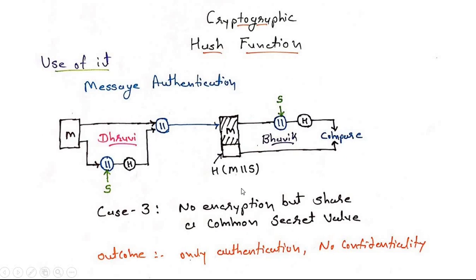So what happens? We are not making any type of encryption on the secret value or on the message. Get it? So here we are not going to use any type of encryption, not on the hash code and not on the original message. Here we are going to totally remove the encryption techniques. So why are we going to do this? Whenever we use encryption, it will take some amount of time on the sending side.